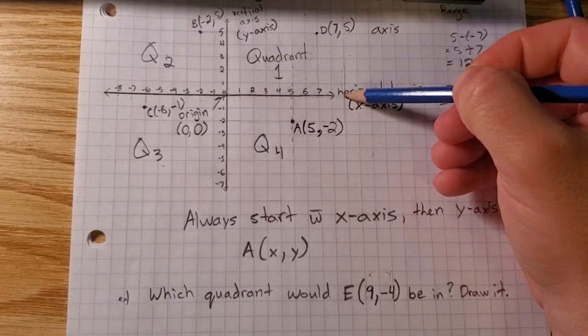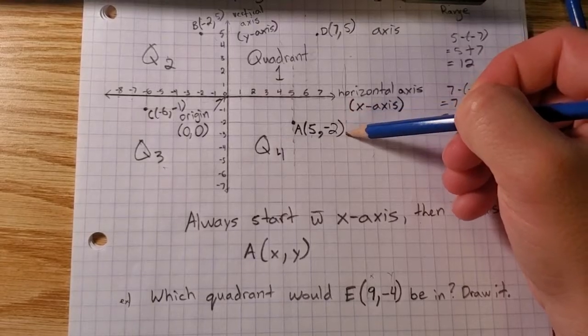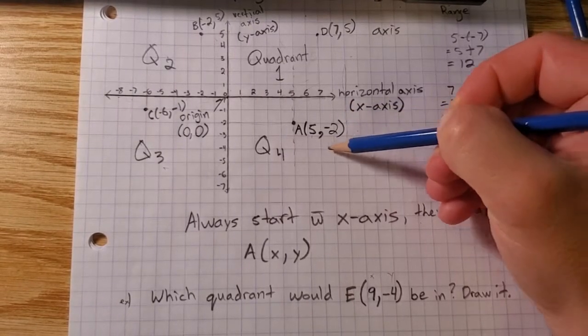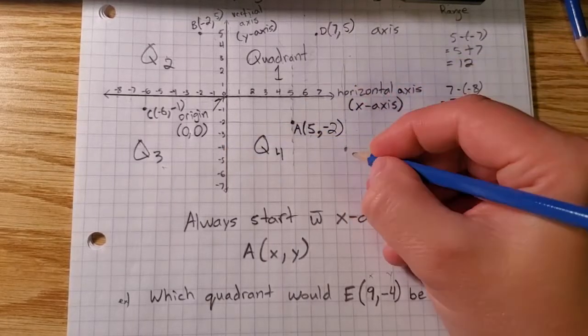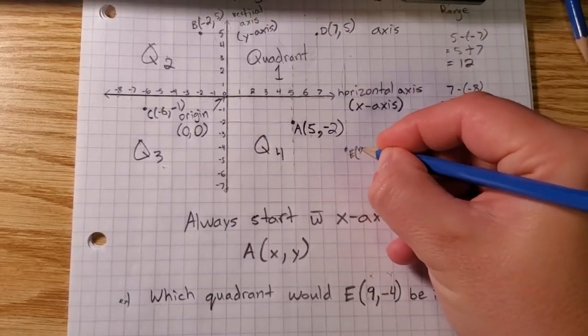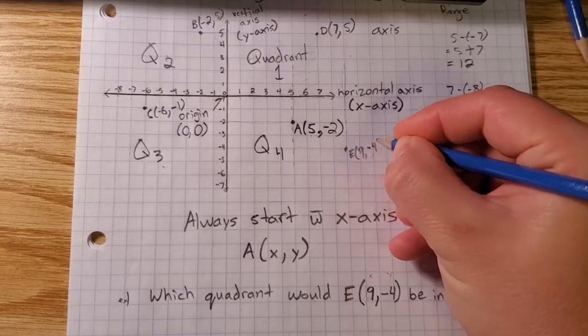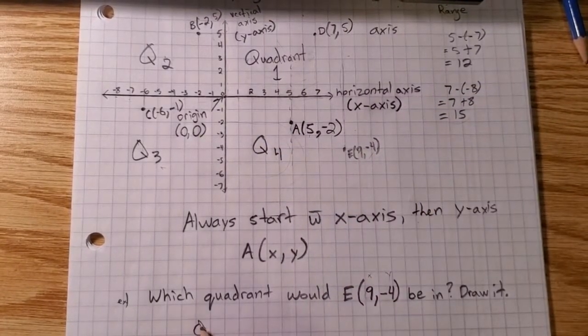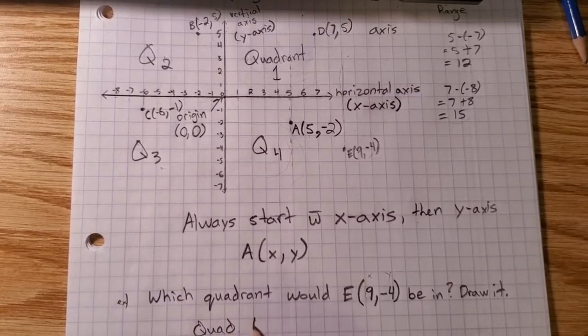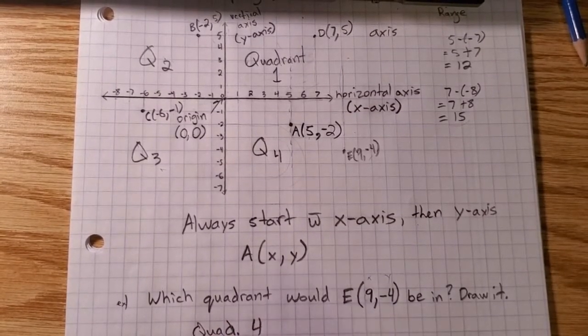And -4 means down. So 1, 2, 3, 4. Right here in line with -4. So +9, -4. This is E. And it's 9, -4. Where is it? It's in quadrant 4. Quad 4, I'm going to write.